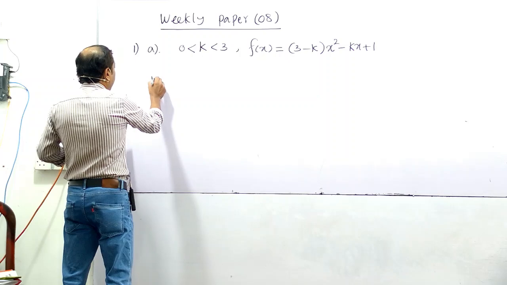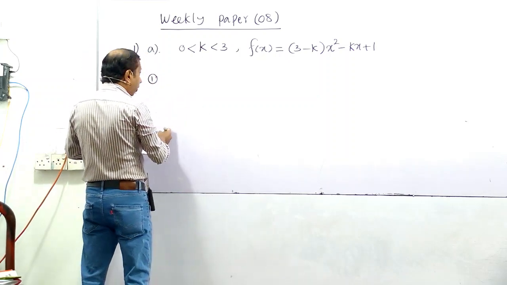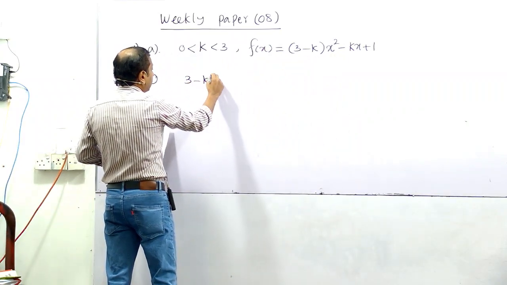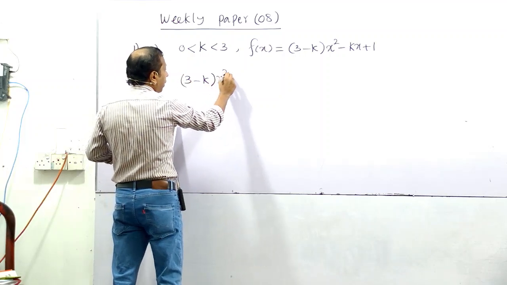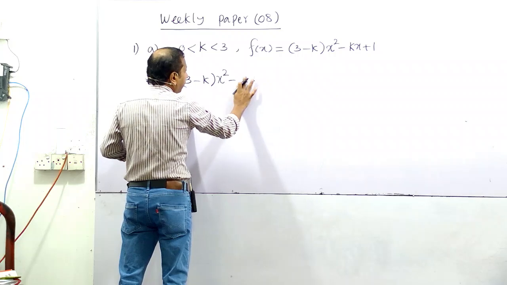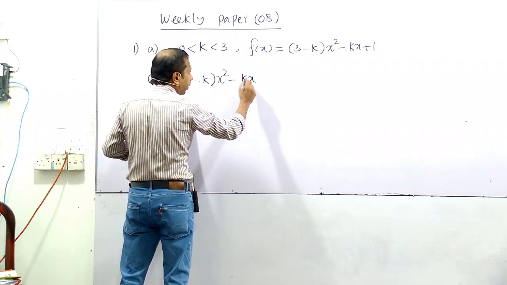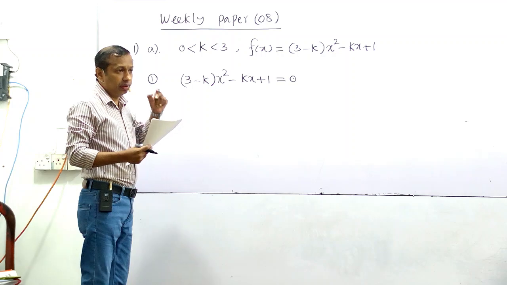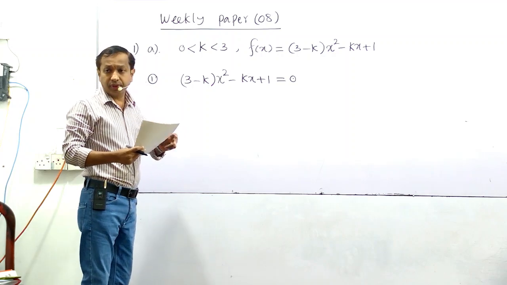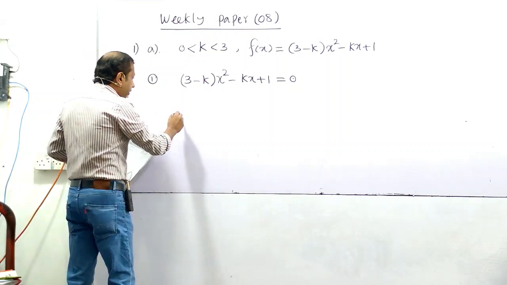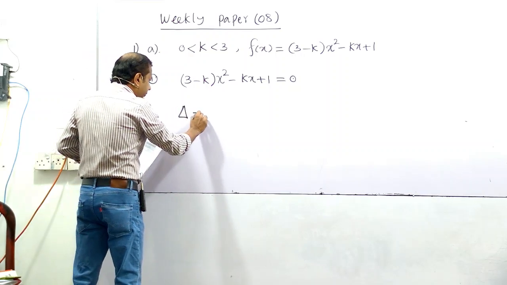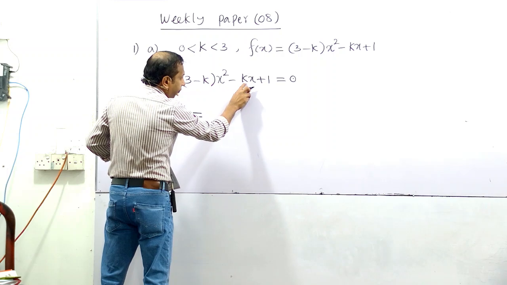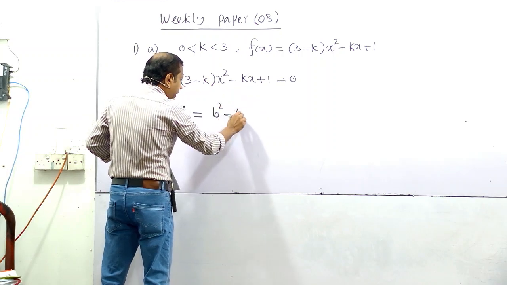First one. f(x) equals 0 means (3 minus k)x squared minus kx plus 1 equals 0. This is our f(x) equals 0. It is a quadratic equation now. Now its discriminant, delta. The x coefficient b is minus k, and b squared minus 4ac is the delta.